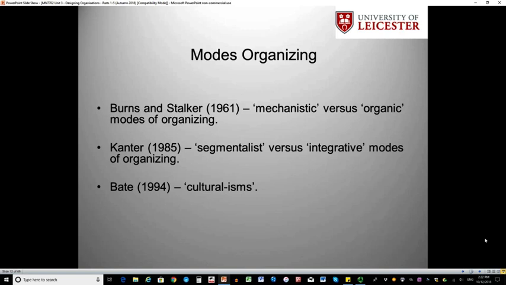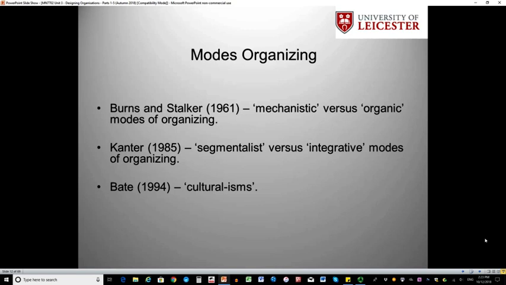So what we find is the segmentalist mode of organising talked about by Cantor is very similar to the mechanistic view of organising spoken about by Burns and Stalker. The integrative mode is very similar to the organic mode. So we'll talk predominantly about the mechanistic versus organic modes, the details of which I'll talk about in a second. We will also talk a little bit about the segmentalist and integrative modes, and we'll then look at some work by Bates, and Bates' work builds on the work by Cantor.